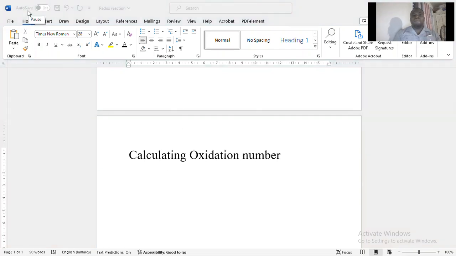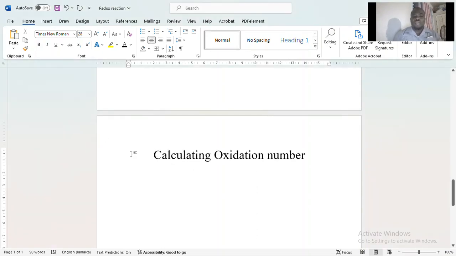Now, most of the questions, they will want to ask you what is happening to the particular compound. Is this compound reduced or is it oxidized? Is it the reducing agent, oxidizing agent?